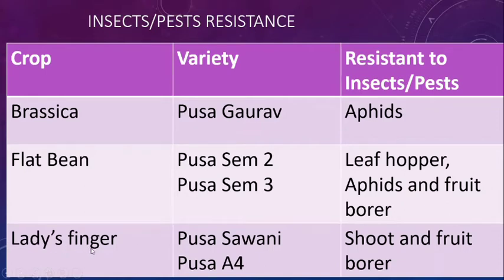Then lady's finger, the new variety developed from plant breeding, Pusa Sawani, then Pusa A4. These plants are resistant to shoot and fruit borer insects.